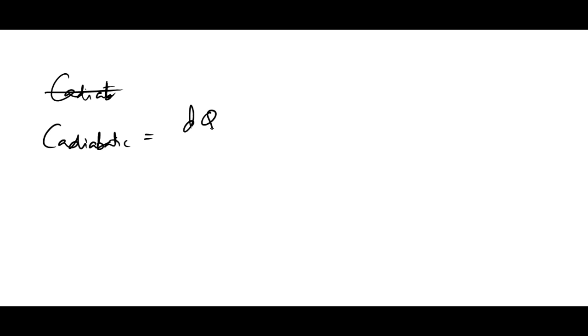So your C adiabatic is going to be dq by n dT, and naturally, since dq is equal to 0, you get C adiabatic is equal to 0. Just a bit of common sense.